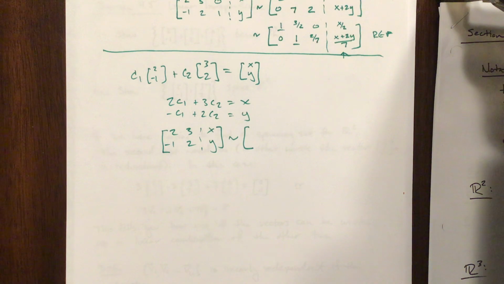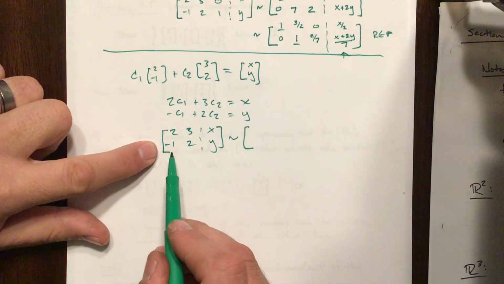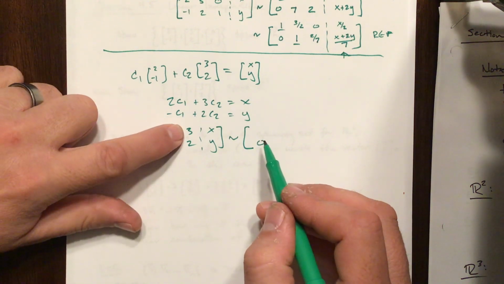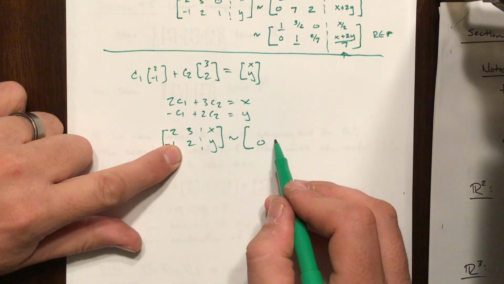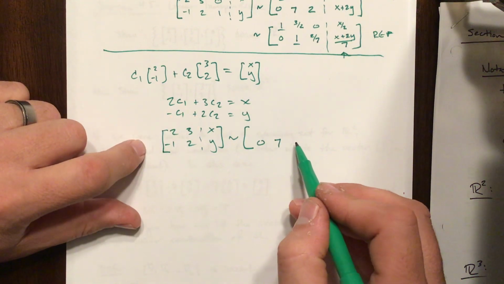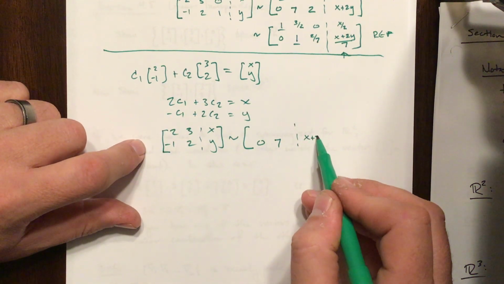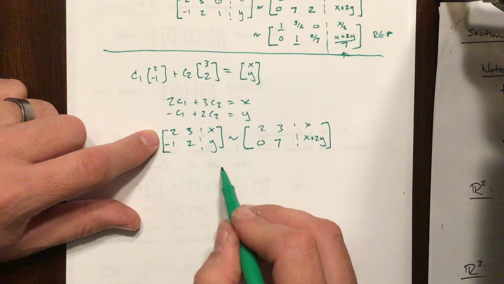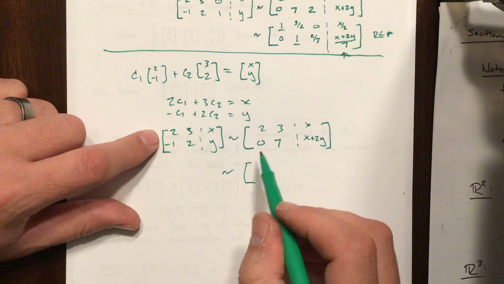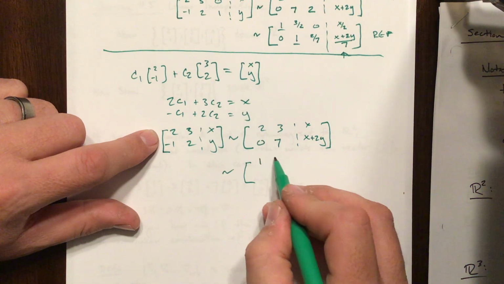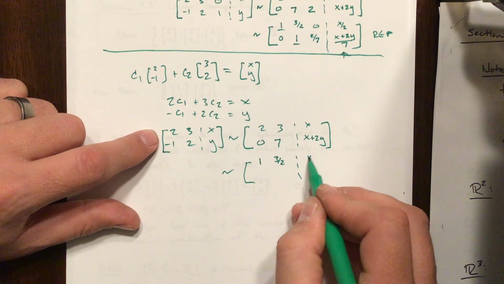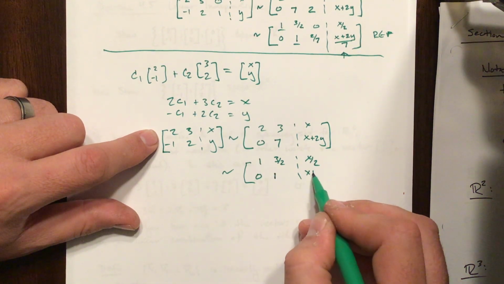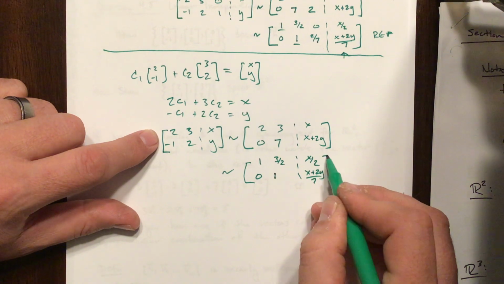Do the very same row operation: 2 times row 2 plus row 1. 2 plus negative 2 is 0. 3 plus 4 is 7. x plus 2y. And 2, 3, x. Now we scale, and we say 1, 3 halves, x over 2; 0, 1, (x plus 2y) over 7.